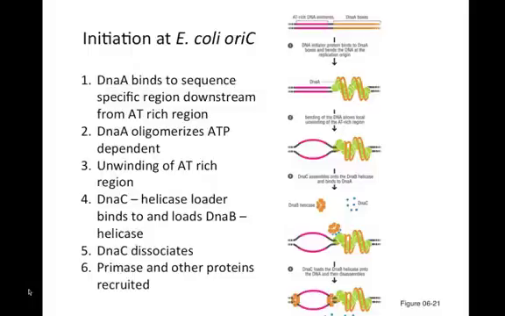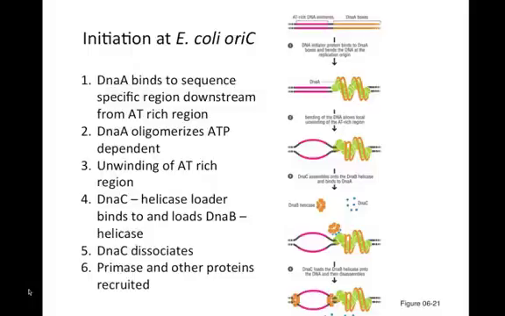DnaA binds to this DNA binding region. So this is the DnaA binding region, upstream or downstream from the AT-rich region, and it actually causes the DNA to change its shape, and that helps with it opening up.